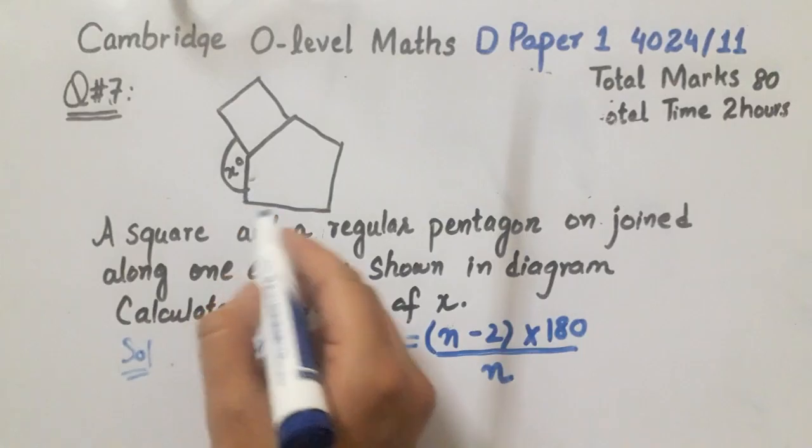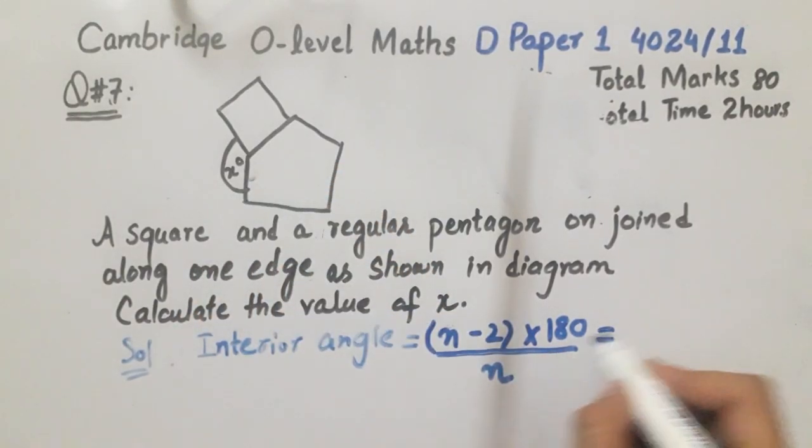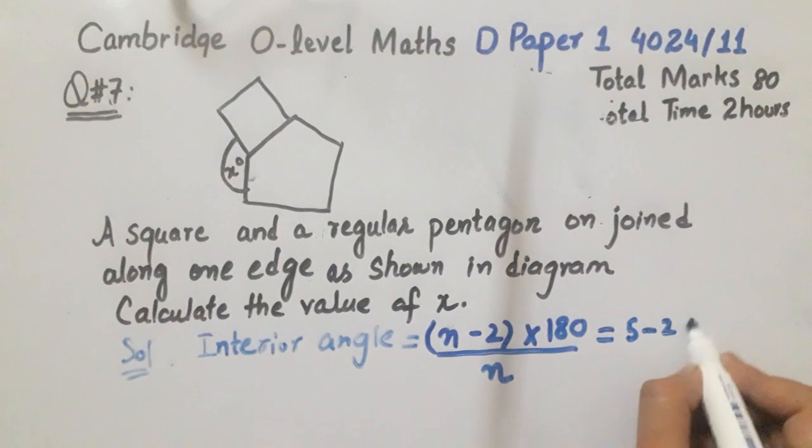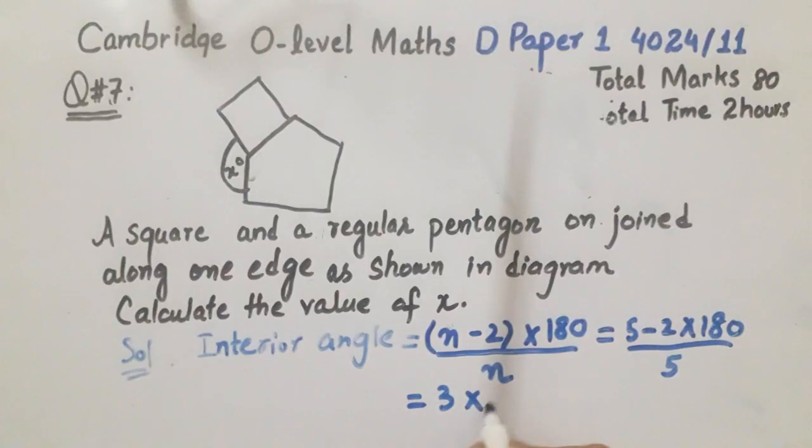So in case of a pentagon we have 5 sides. So this will be equal to (5 minus 2) multiply 180 by 5. 5 minus 2 is equal to 3, so 3 multiply 180 by 5. We will solve this. 5 ones are 5, 5 3s are 15, and 5 6s are 30.